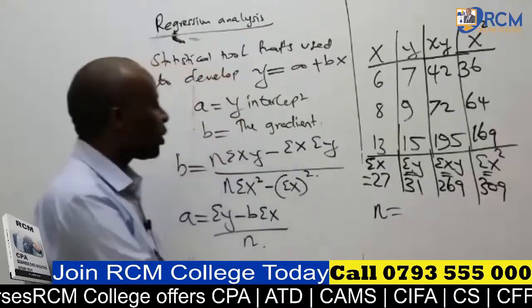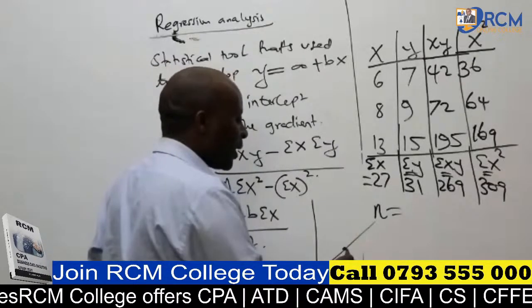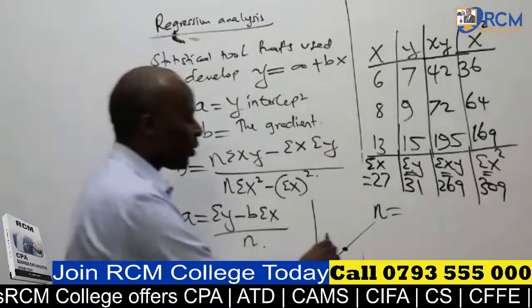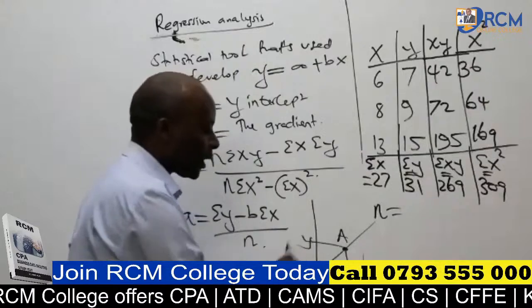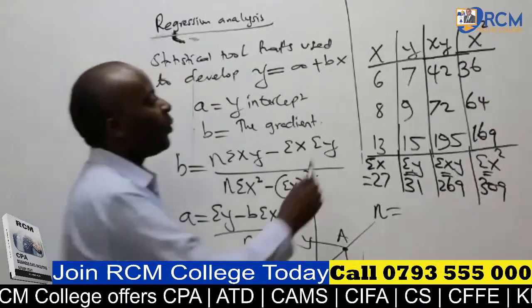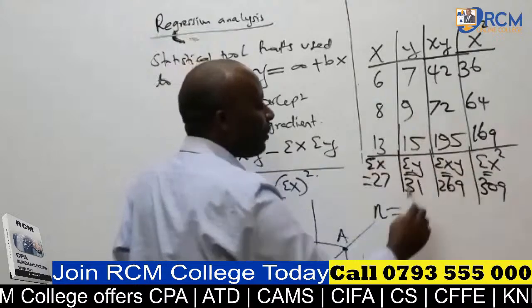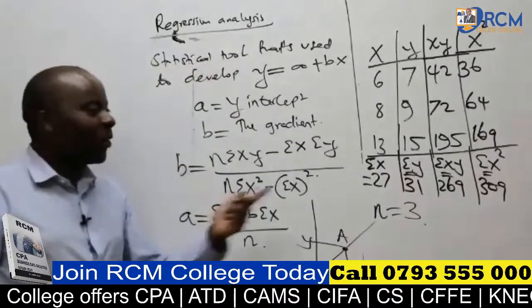Remember on a Cartesian plane, this is how our points look. If this is point A, it has an x coordinate and a y coordinate. This is point number 1, point number 2, point number 3. N is 3.